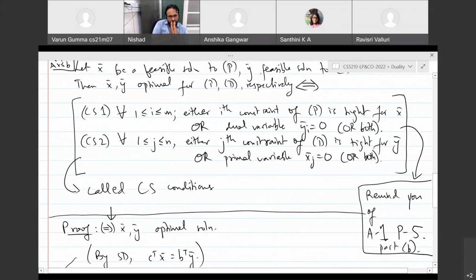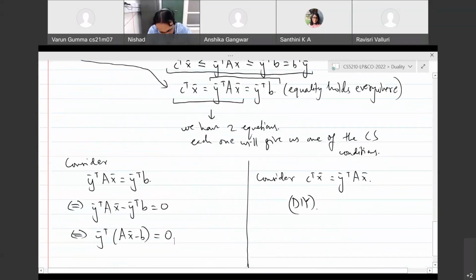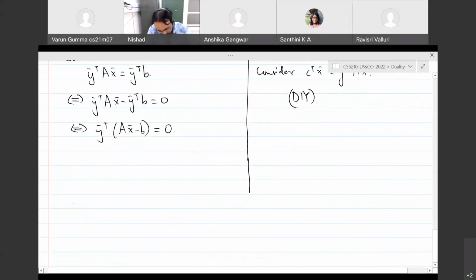Is it the first one or is it the second? First one, sir. First one, exactly. So what we want to do is get to the fact that the first CS condition holds.